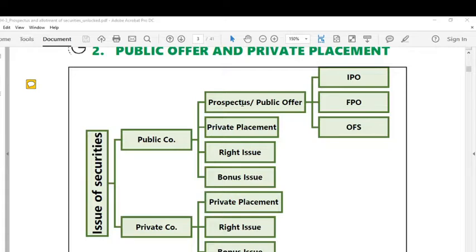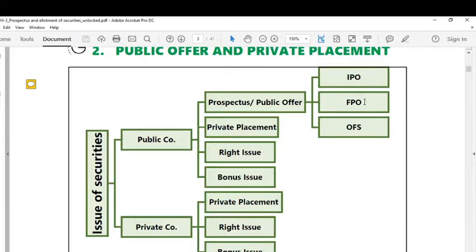This offer to the public can be of three different kinds. The first one is IPO. IPO means initial public offer. Once a company gets incorporated, when it offers its securities to the public for the first time by issue of prospectus, it is called an initial public offer.